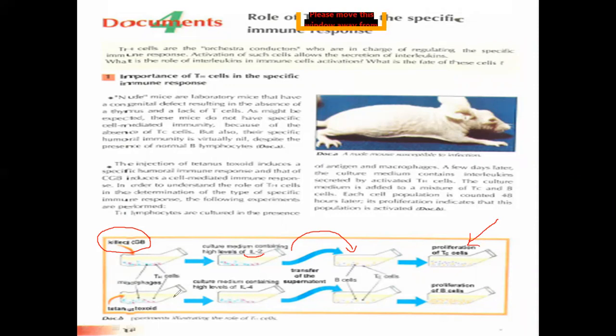However, for the tetanus toxoid, which is needed for the humoral immune response, we put a culture medium containing high levels of interleukin 4. We transfer the supernatant, the part on top of the tube or culture container. Then we have B cells and TC cells.